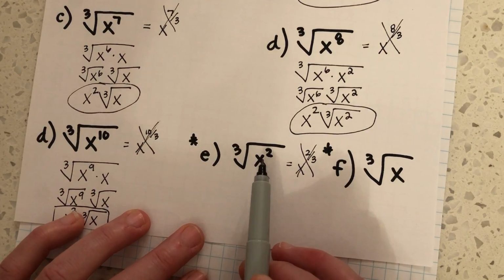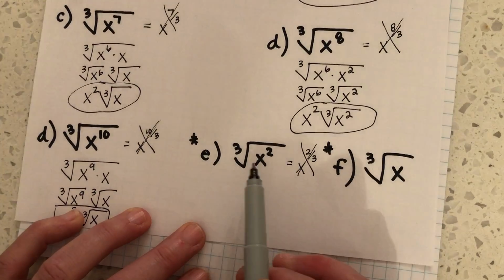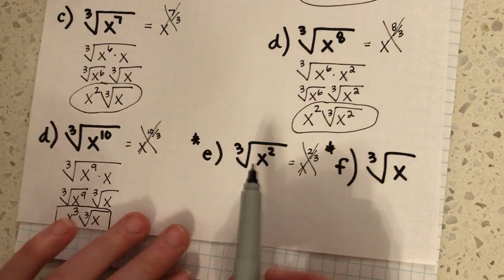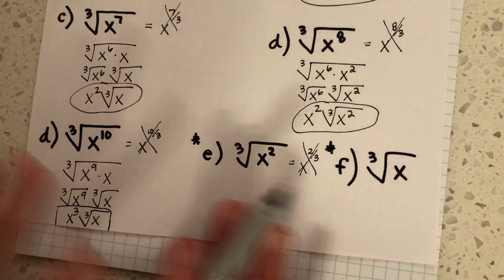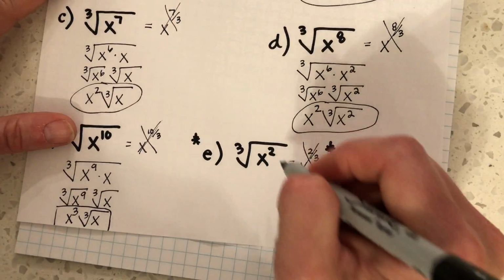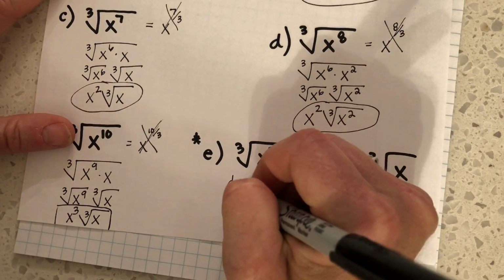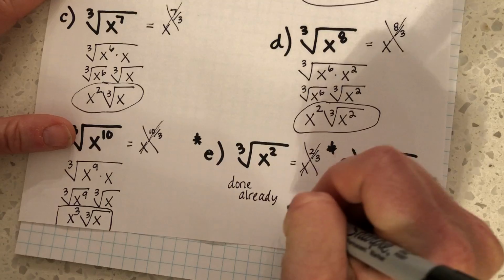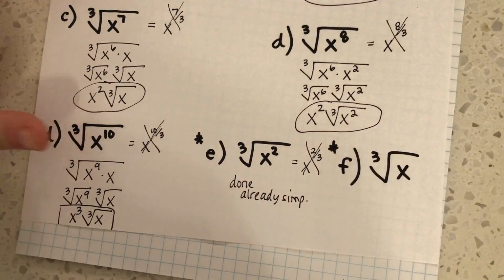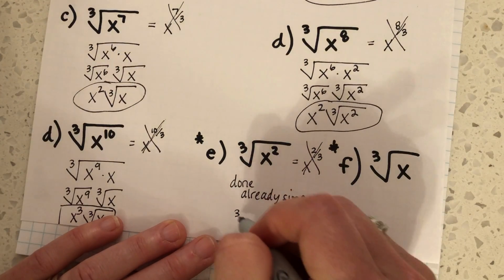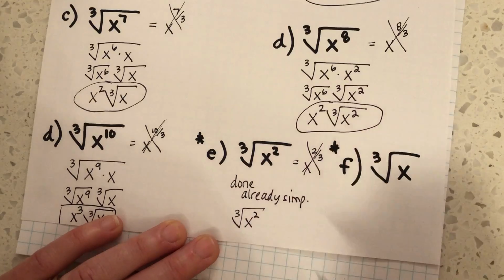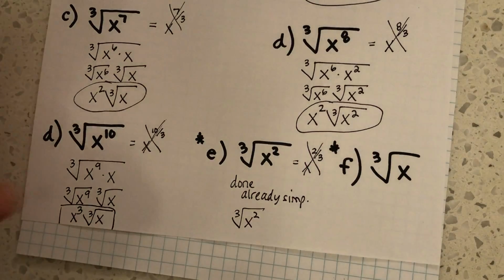There is no number smaller than 2 that divides by 3. That means that the third root of x squared is already simplified. It's done. It's not going to change. You can't change its answer. So its answer is just the third root of x squared. You don't change it. It's the same thing.